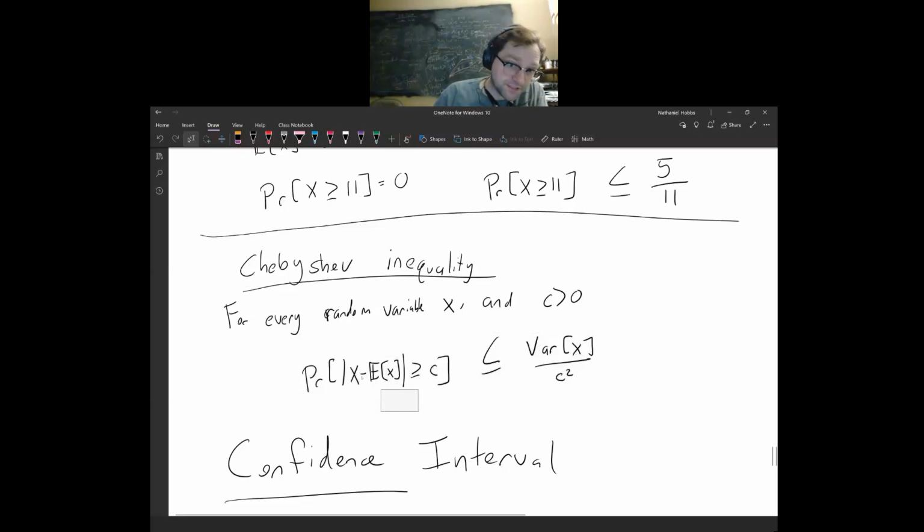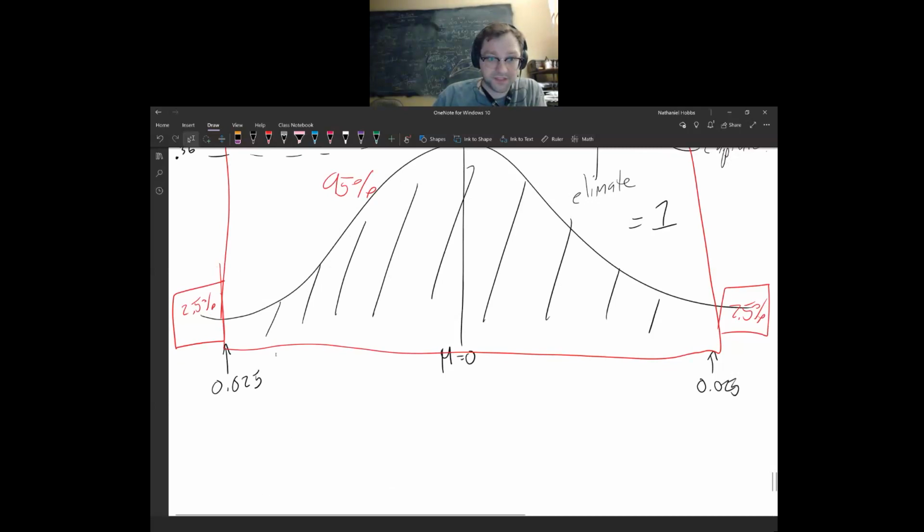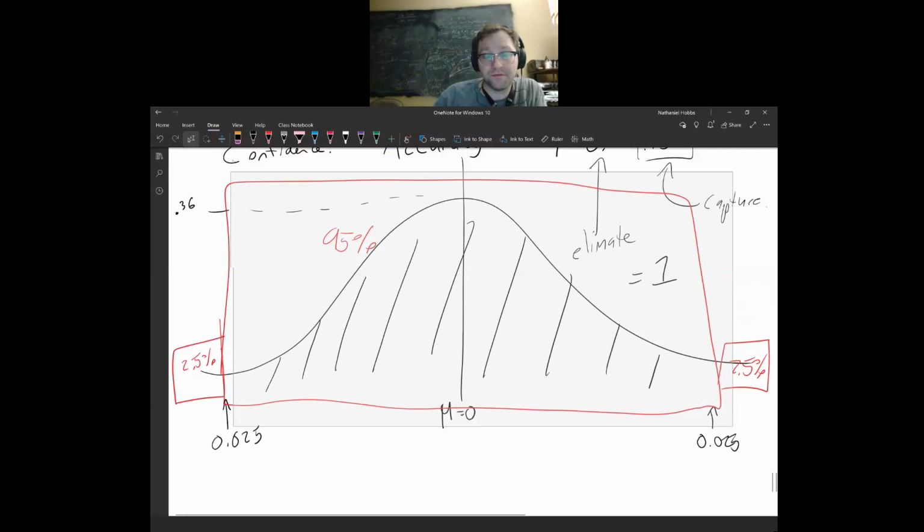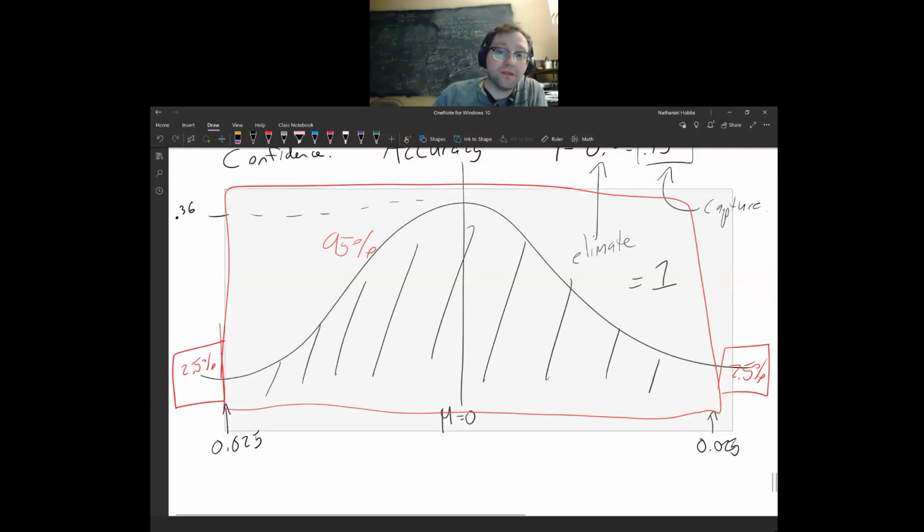The difference between your prediction, x, and the expected thing, E of x, is this region. Here's E of x, that's mu, and the absolute value of x minus that is this region here. So you want this region to be less than or equal to 95%.